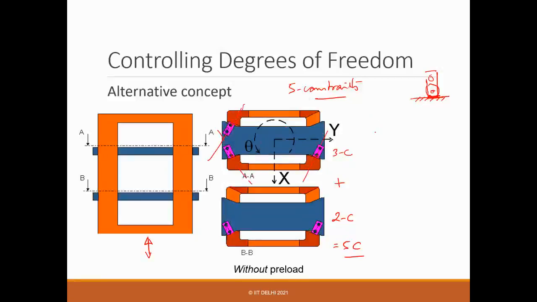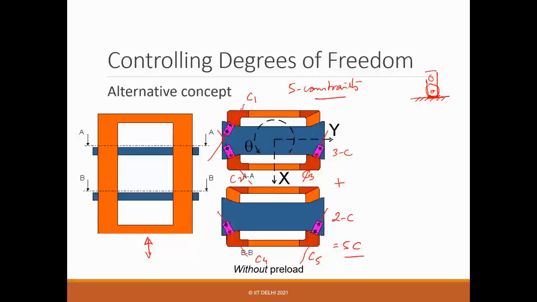You have the 5 contacts made all the time. They are there. So you can say C1, C2, C3, these are the directions. In the same way you can have a constraint line C4, C5. So, okay, theta is constrained.